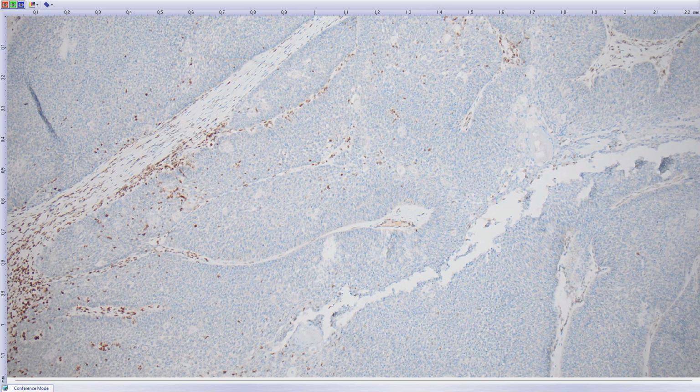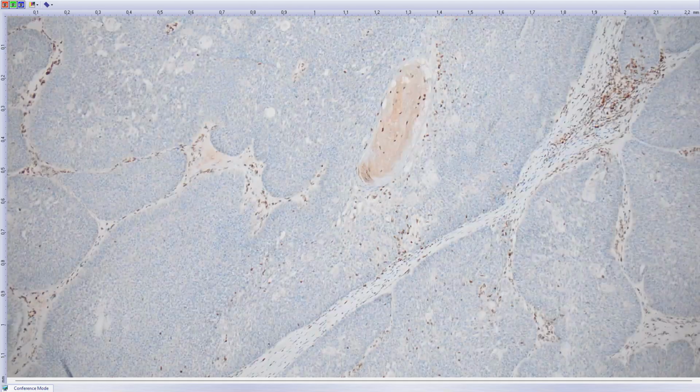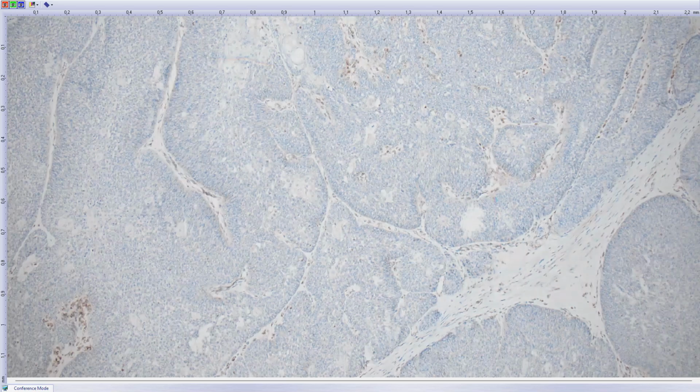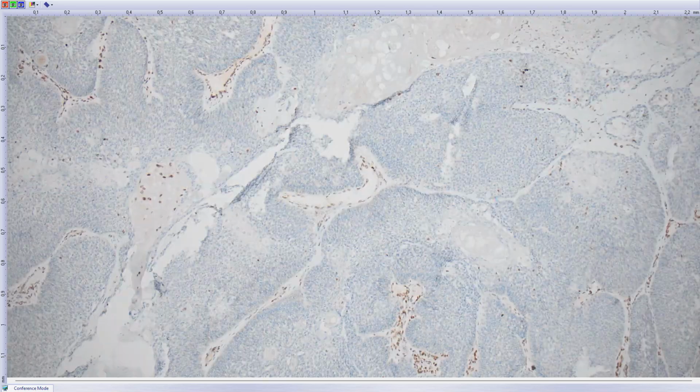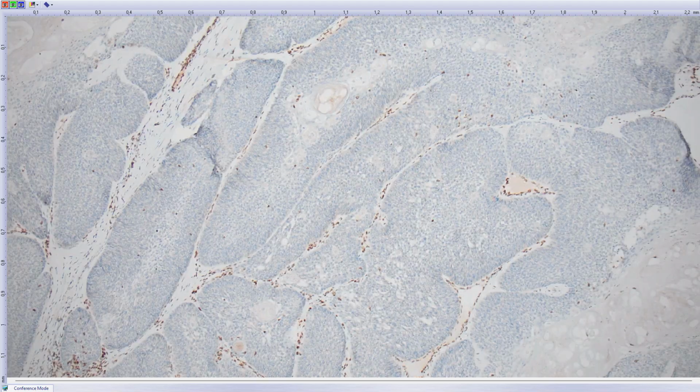Eventually, most cases, even with MSH2 deficiency, are proved to be sporadic, but we have to recommend the genetic testing, and the patients should undergo genetic testing to rule out syndromic association. So this is extraocular sebaceous adenoma with probably syndromic association.